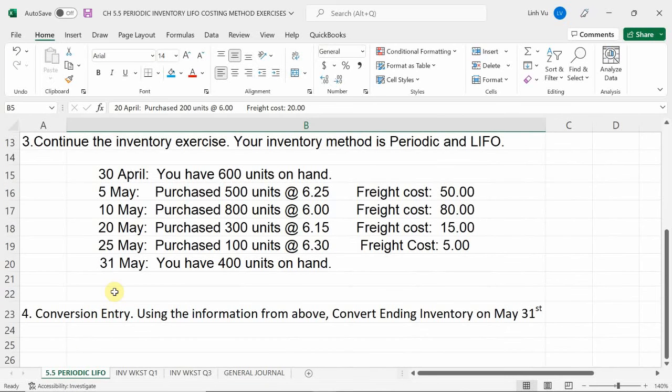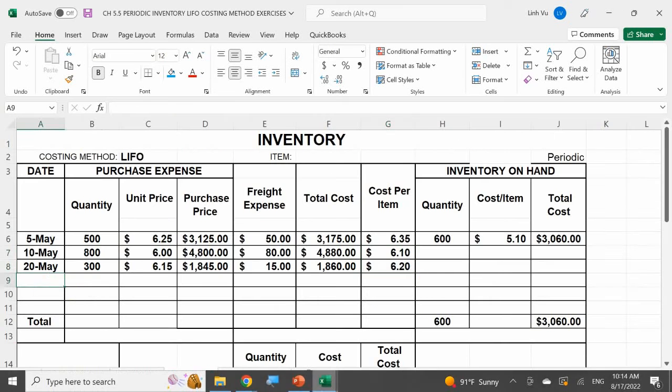Last one we have here is May 25th. We purchased 100 units at $6.30, and the freight was $5.